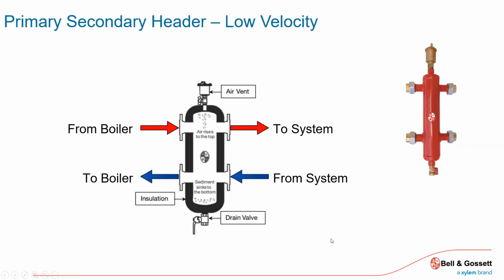So, from air separation: low velocity, little scoops, coalescing mediums, those inline coalescing air separators, centrifugal, Roll-Air-Trol, air separating devices or tangential air separators. And then this last one here is, again, like I said, the latest technology to enter that market, these low velocity primary, secondary headers.